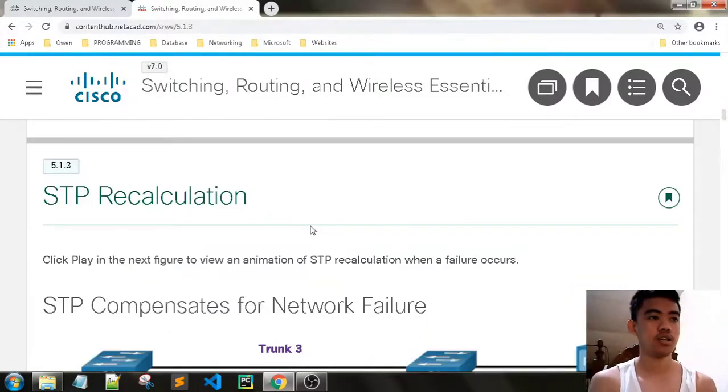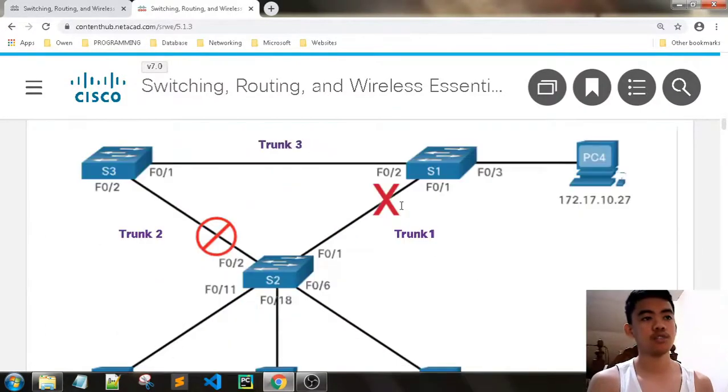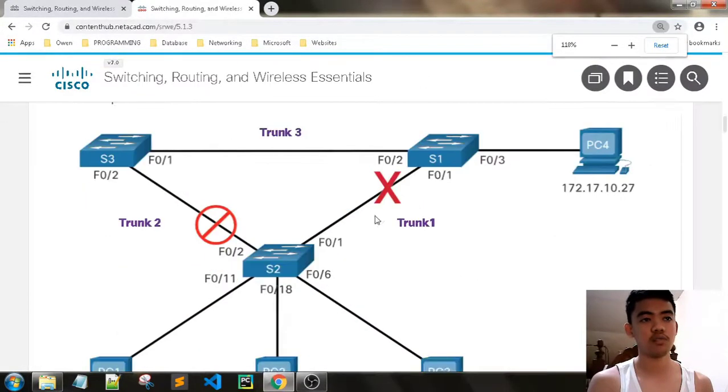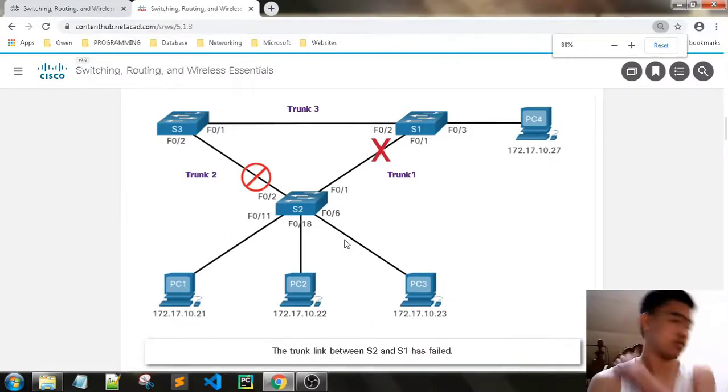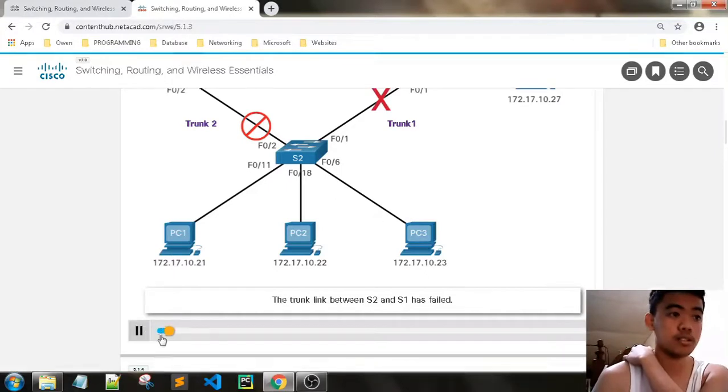So STP recalculation. STP compensates for network failure. For example, we have a failure in this path, so STP recalculates. It opens the blocked paths, as you can see.